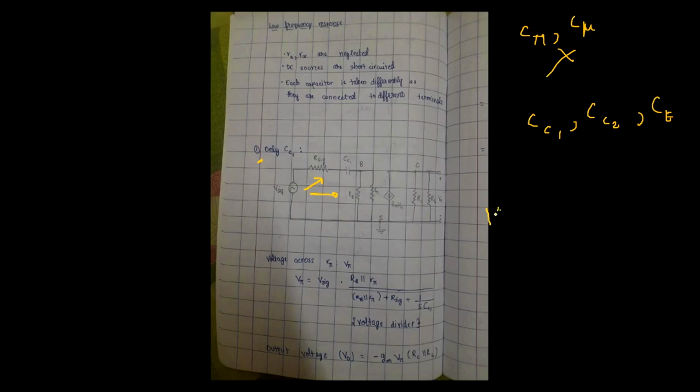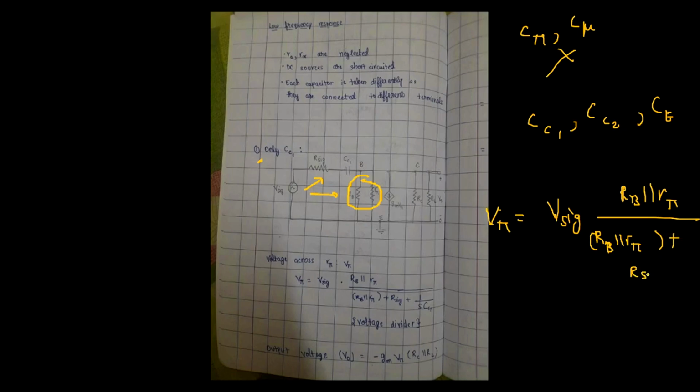So V pi can be written as V signal into RB parallel to R pi divided by RB parallel to R pi plus R signal plus 1 divided by S CC1. So this is the total impedance, and this is the impedance across the region that we are trying to find the potential.